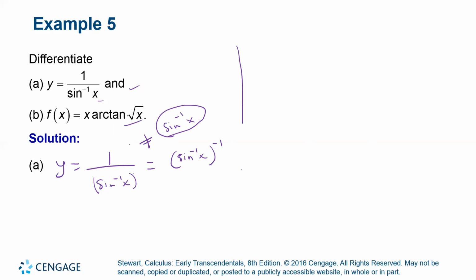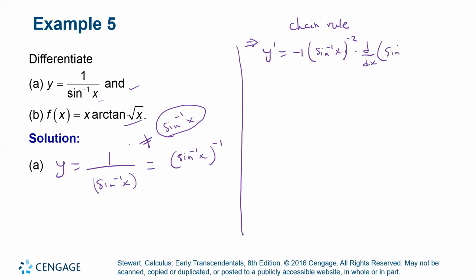So then let's find dy/dx. Therefore, your y prime, if I use the chain rule, will be -1, and then we have arc sine of x raised to -2, because we have -1 minus 1, times the derivative of the arc sine of x.